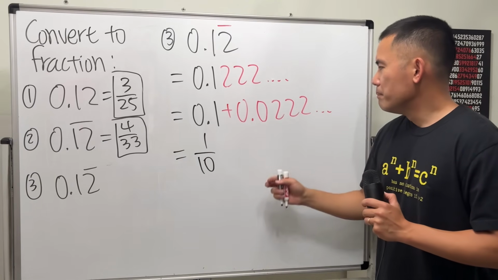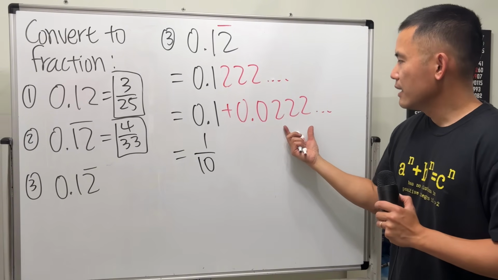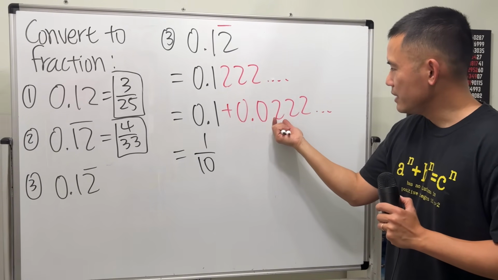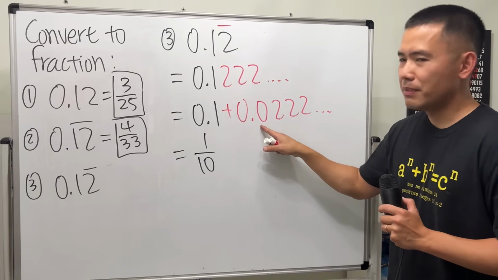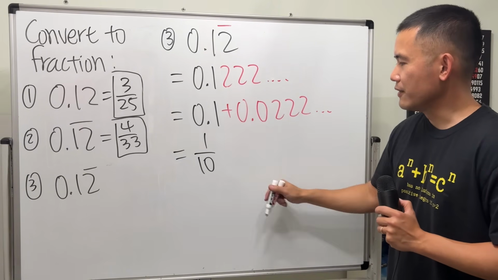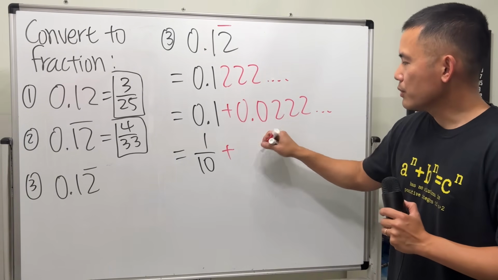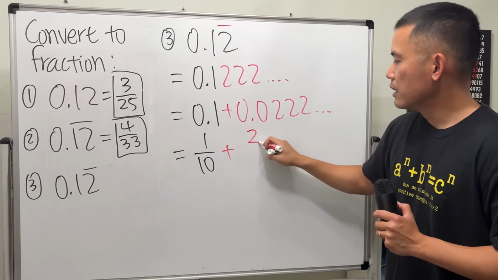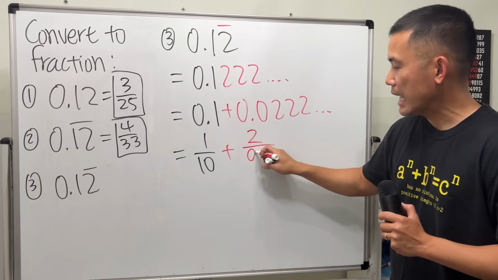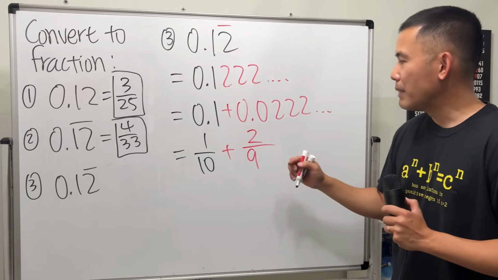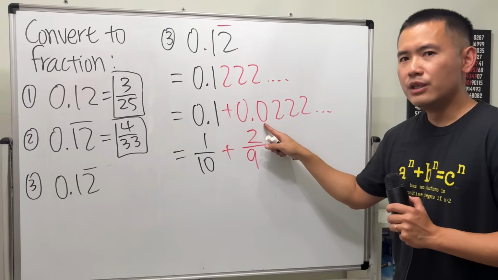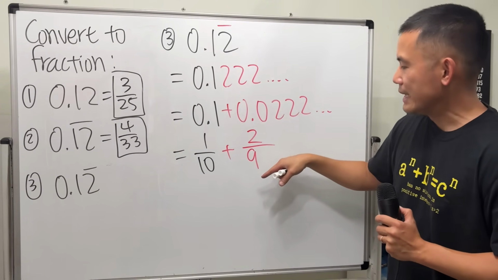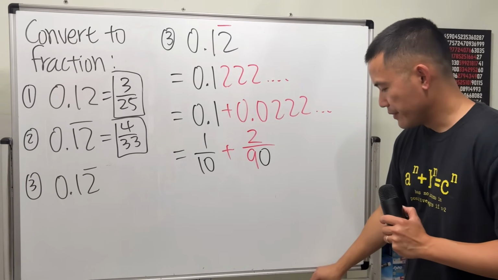Done. But for this, we only have a 2 that's repeating starting right here though, so we have a spot. So what you have to do is the following. It's still 1 digit, right? So divided by 9, that's it. But because we have this additional 0, just imagine we divide it by 10, so you put a 0 here.